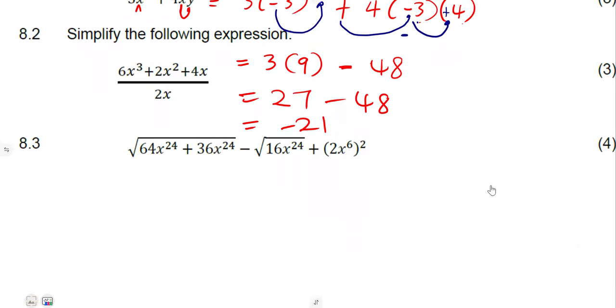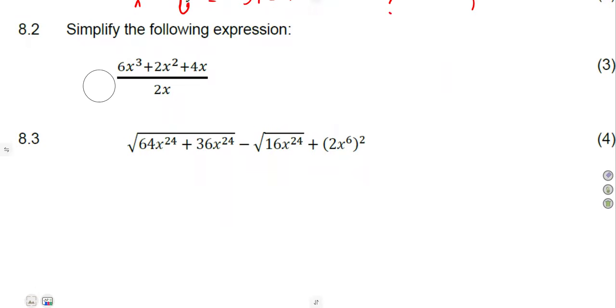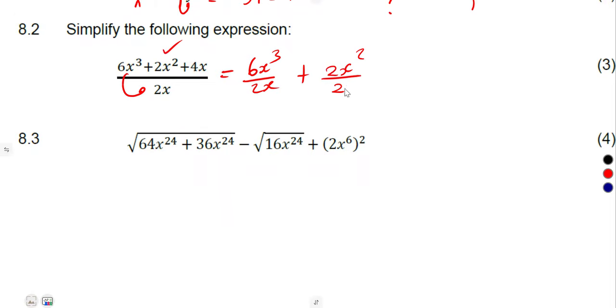So 8.2, it is now to simplify this expression. So simply divide each and every term by 2x. Remember, we talked about these types of expressions, guys. So we've got 6x to the exponent of 3 over 2x, plus 2x squared over 2x, then 4x over 2x.